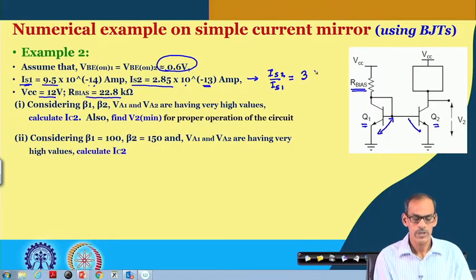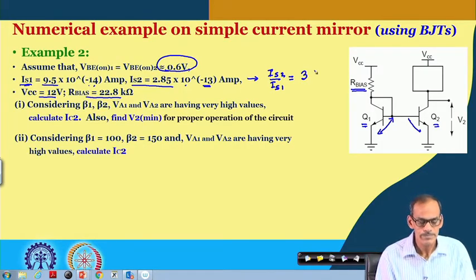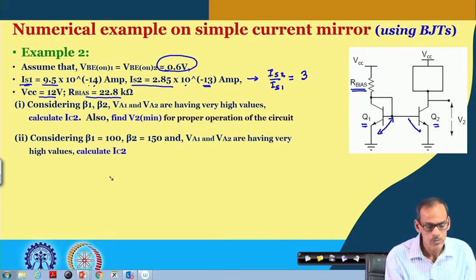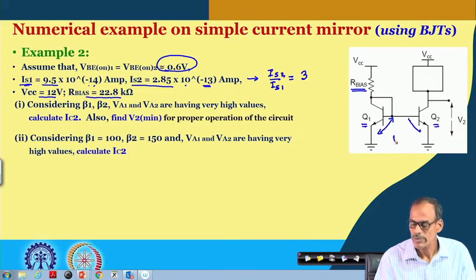That is how I have picked up the number here. So, the mirroring ratio will be 1:3. If we approximate that the early voltage and the beta loss or base current loss are ignorable, then we can say this current mirror is essentially a 1:3 ratio current mirror.